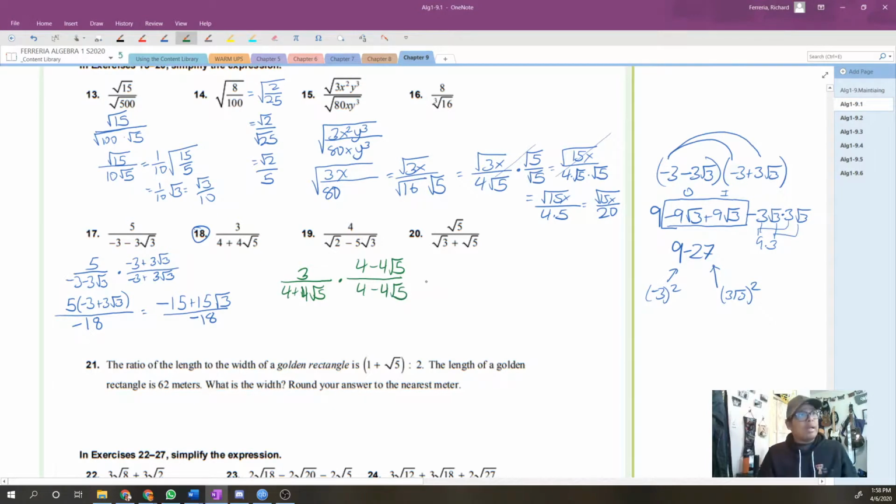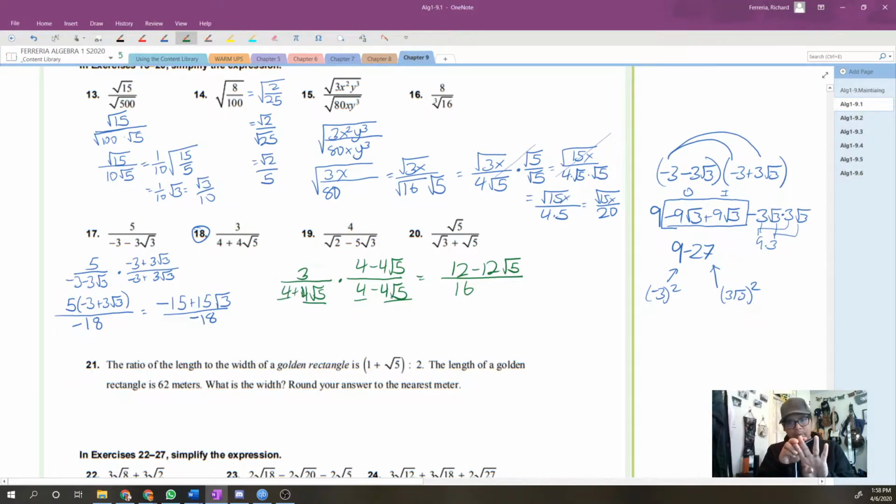Okay. Distribute on the numerator. Hopefully you'll get quick at that, but that's 12 minus 12 root 5. And then the denominator, how much is 4 times 4? Well, that's 16. How much is 4 rad 5 times 4 rad 5? Well, that's 4 times 4 times rad 5 times rad 5. 4 times 4 is 16.